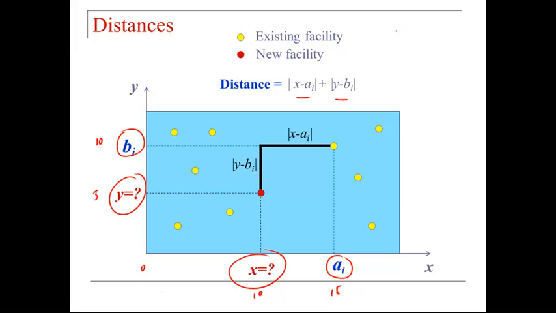Then the distance is going to be equal to the absolute value of 10 minus 15 plus the absolute value of 5 minus 10. So this is 10.